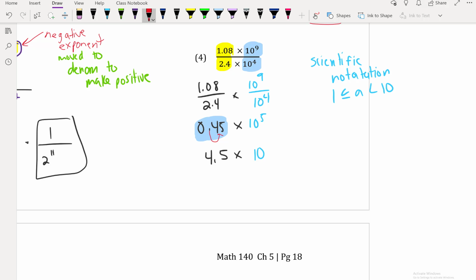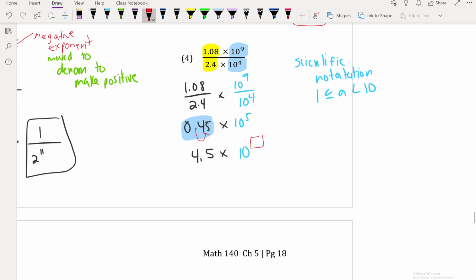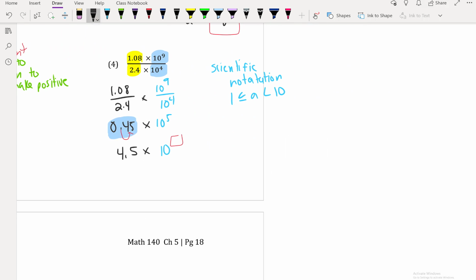And now you have to be careful of what your exponent is going to be. So let's think about this. If I originally had 0.45 times 10 to the 5th power, what does that really mean? It means I'm going to move my decimal to the right 5 times. So 1, 2, 3, 4, 5.